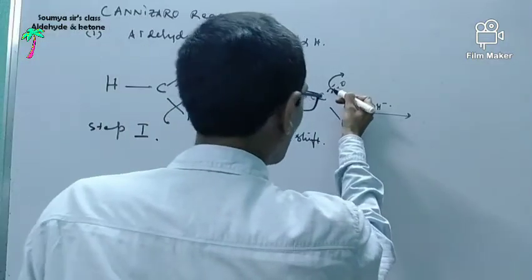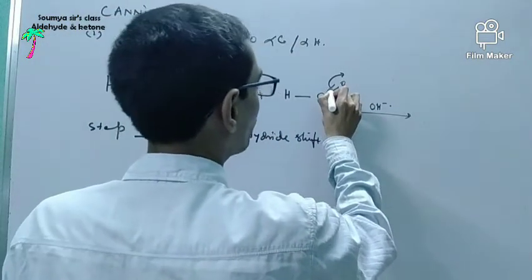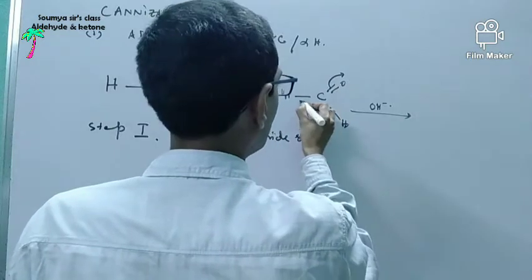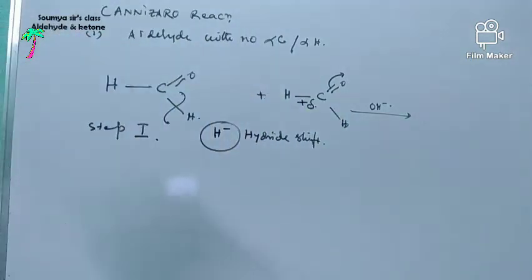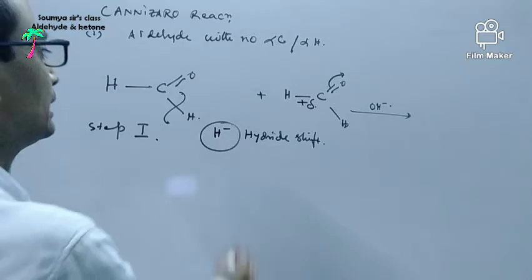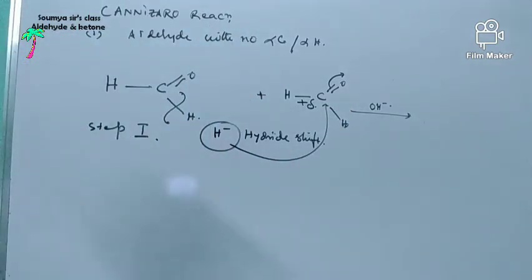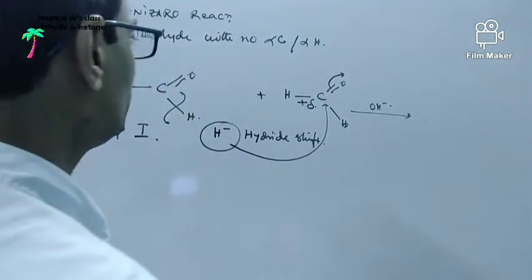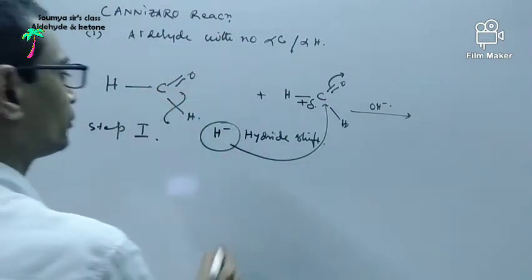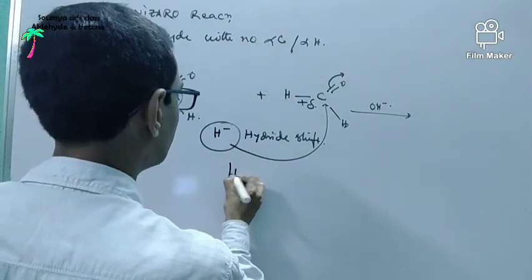Since the double bond pi electron comes over oxygen, here comes the partial positive charge. The hydride comes and attacks this carbocation zone, and the remaining structure lies here.